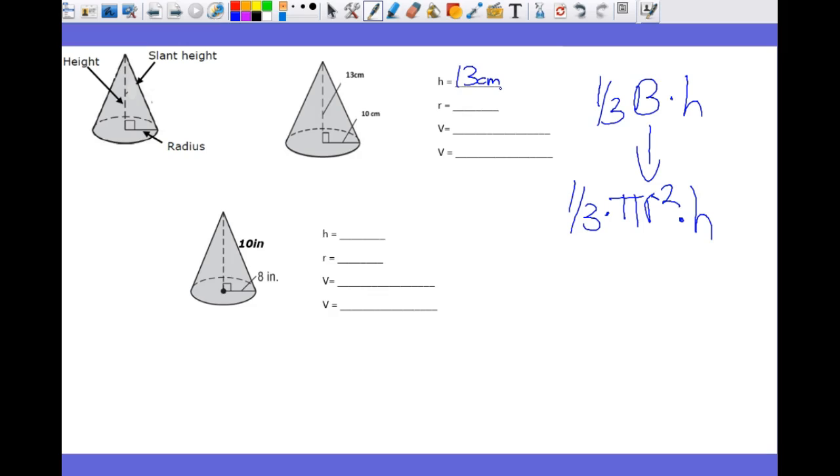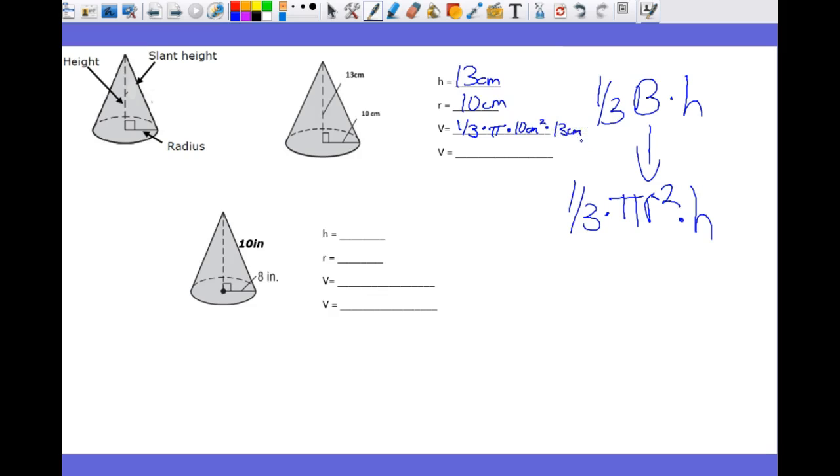Who should I call on next? All right. What is the radius of this cone? 10 centimeters. So let's set up this equation together. 1/3 times pi times r, which is 10 centimeters squared, times h, which is 13 centimeters.